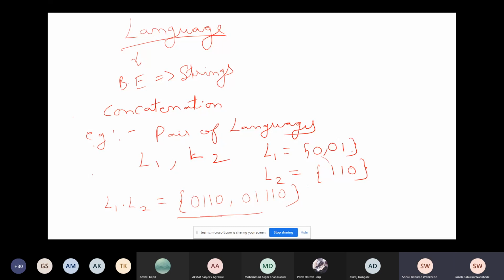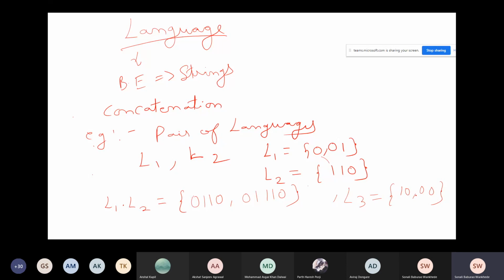Now if I give you another set, just take one more set like this. Suppose I give you L3 is equal to 1000. This is the set which I have given to you. So how will you do that? What do we have to do?